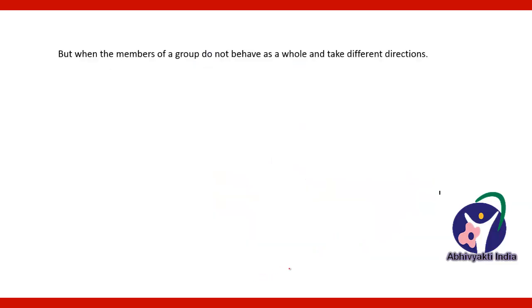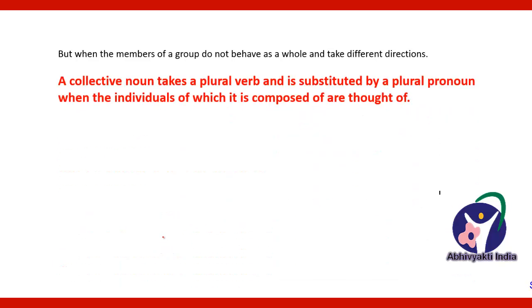Therefore, when the members of a group do not behave as a whole and take different directions, then a collective noun takes a plural verb and is substituted by a plural pronoun, when the individuals of which it is composed are thought of.